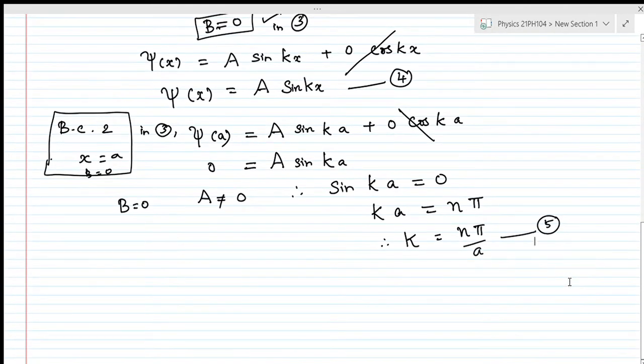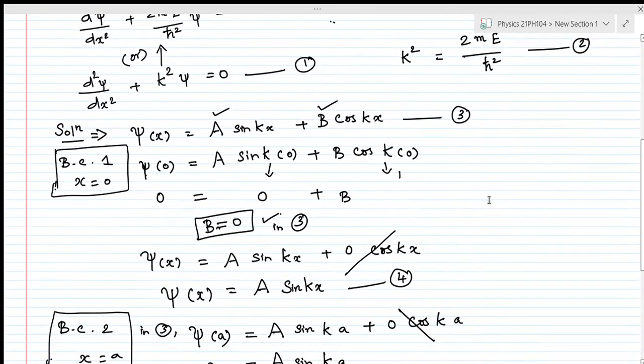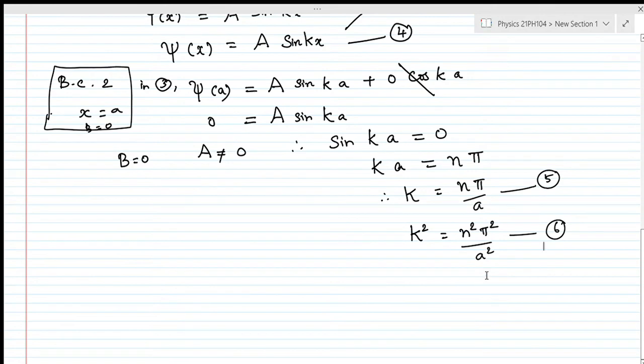Now, we are going to square this. K square is equal to n square pi square by a square. Let this be equation number 6. Now, can you see equation 2? K square is equal to 2mE by h cross square. Here in the 6th equation, k square is equal to n square pi square by a square. I am comparing these two equations.